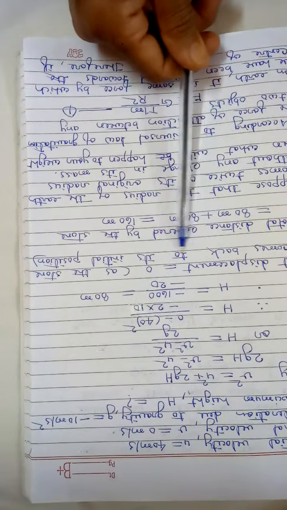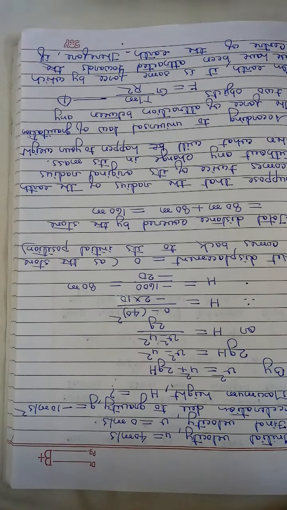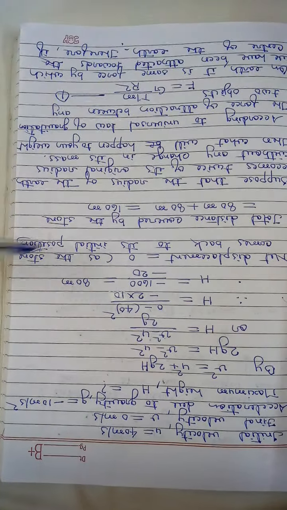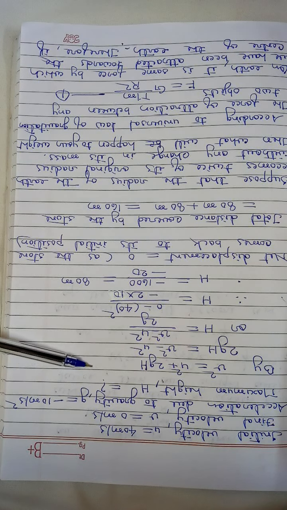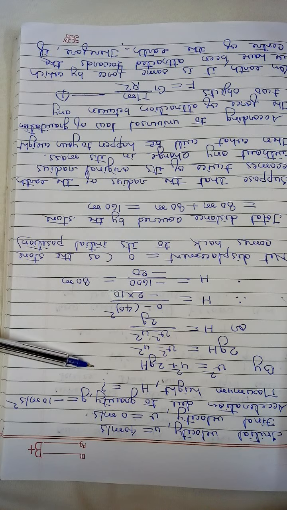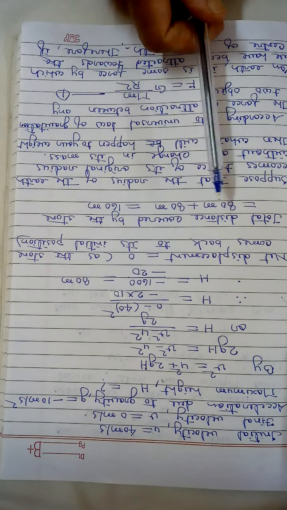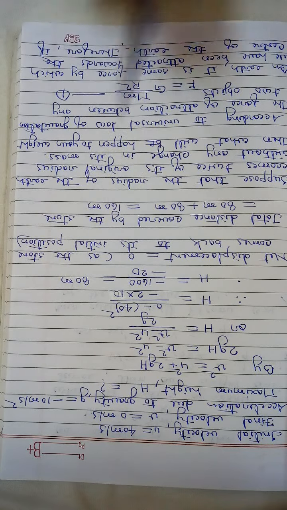Now the net displacement will be 0 as the stone comes back to its initial position. The total distance covered by the stone will be 80 meter in the upward direction, and after reaching a certain point it will come back by traveling a distance of 80 meter. So the total distance covered is 80 meter plus 80 meter equals 160 meter.